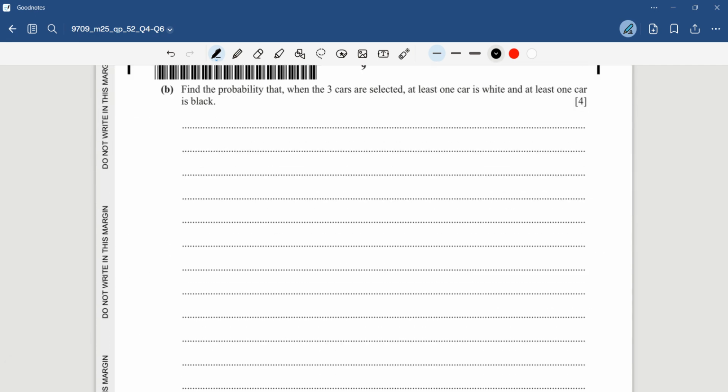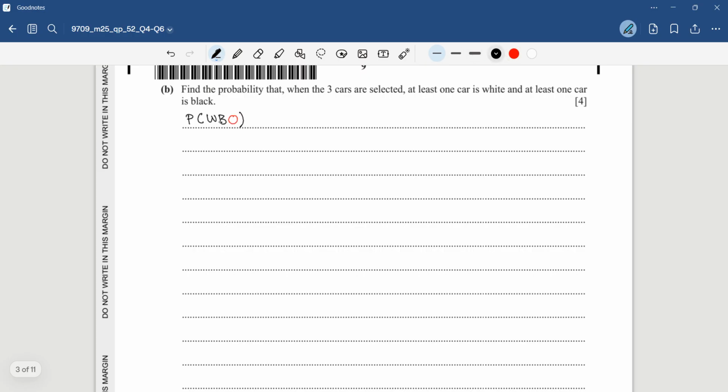Okay, part B: find the probability that when he takes 3 cars, at least one car is white and at least one car is black. So one car is white and one car is black. It can be one white, one black, which must be there, and the third one can be anything, any other color.